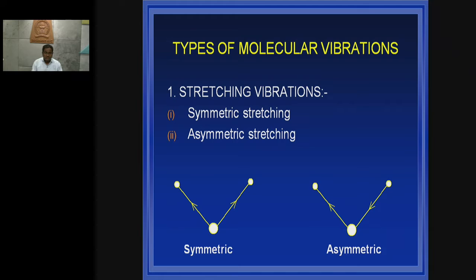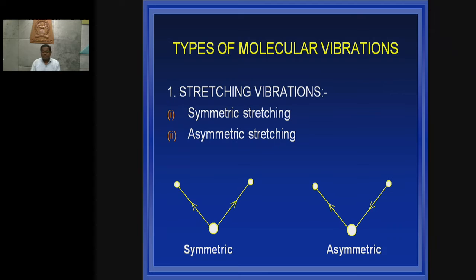In symmetric stretching, the central atom is joined to different atoms, and during this stretching, the bond between the two atoms may be stretched or compressed, just like a spring. Whenever both atoms are stretched away from the central atom, that stretching is called symmetric stretching.